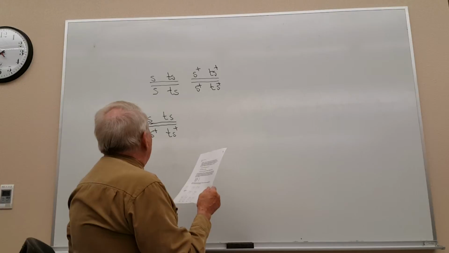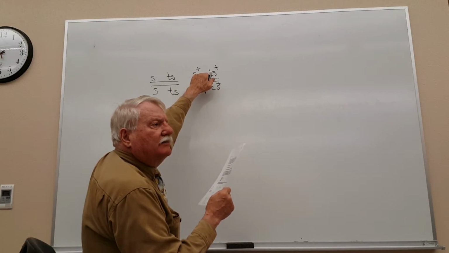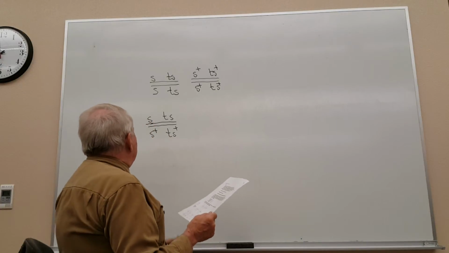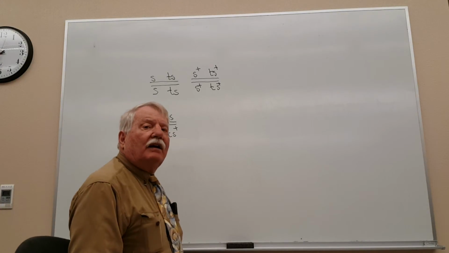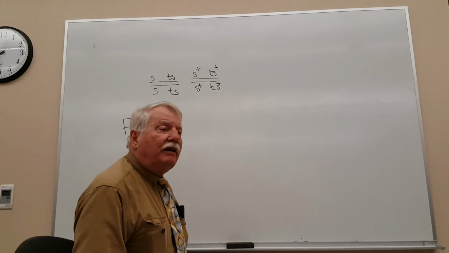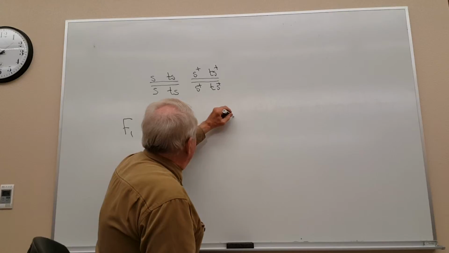And if I do bottom of the left, top of the right, I get the same thing. So what are we going to do with this? This is our F1. We're going to test cross it. So what do I cross it with? Homozygous recessive.